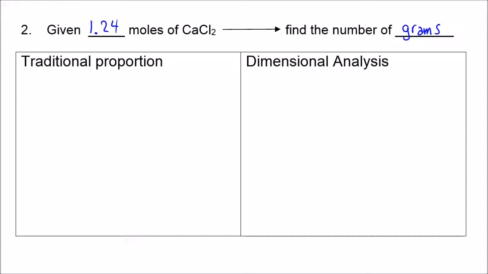So you've been doing problems like this with proportions, and we'll do this one also with the proportion, but then I'll show you how to do it with dimensional analysis. I'm hoping you see that the tool this time, the conversion factor, is going to be molar mass. That gets you a relationship between moles and grams.